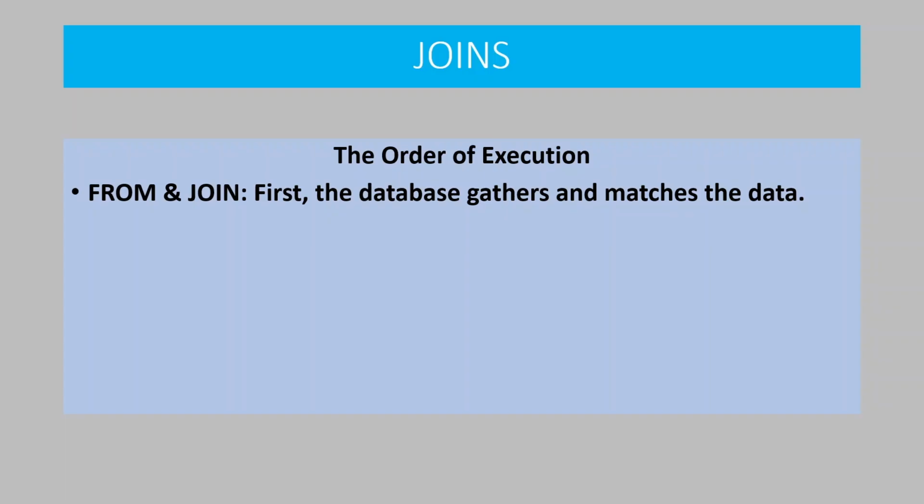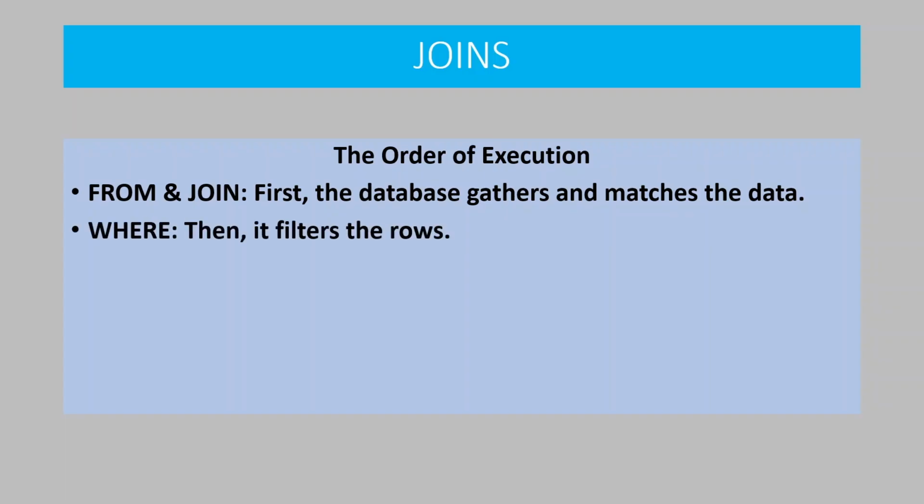The database gathers and matches the data. Whichever tables you want to access data from, you mention in the FROM clause using joins. We'll get to the syntax later in the video, but for now just understand the order of execution: FROM and JOIN get executed first because they gather and match the data.